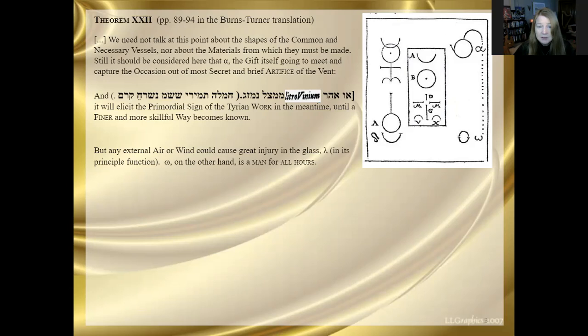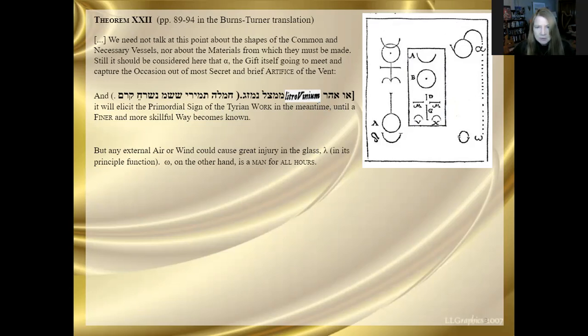Still, it should be considered here that alpha, the gift itself, that thing right up at the top, is going to meet and capture the occasion out of the most secret and brief artifice of the vent. And we talked about all the use of artifice, artificial, and so on. Then you get this cluster of letters, in Hebrew and what appears to be Latin, saying that this will elicit the primordial sign of the Tyrian work in the meantime, until a finer and more skillful way be known.